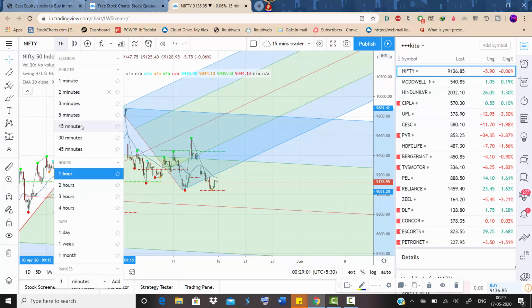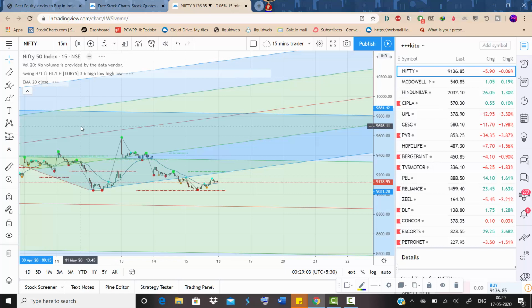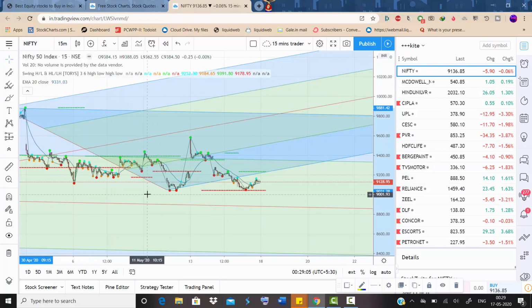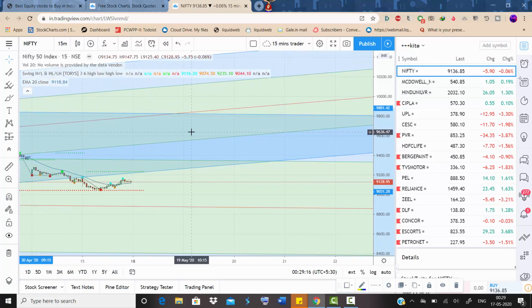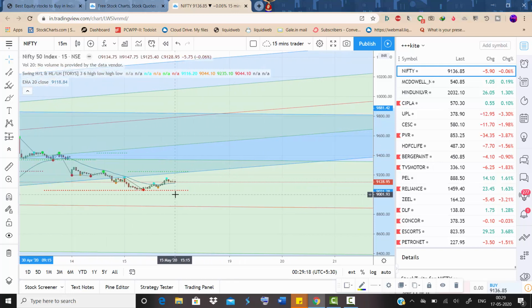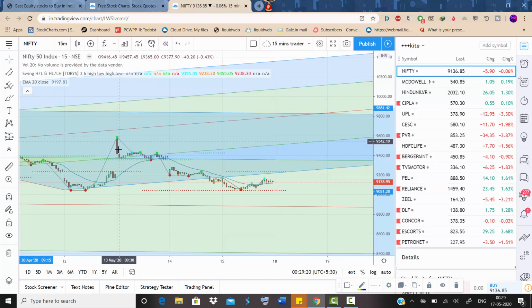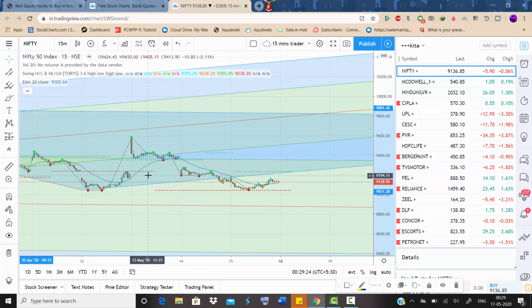Go to the 15 minutes chart. You can see whenever there is a bullish reversal at this lower end, the stock tends to move over here to the center line, and you can draw these channels based on resistances and support and swings made on the 15-minute chart also.